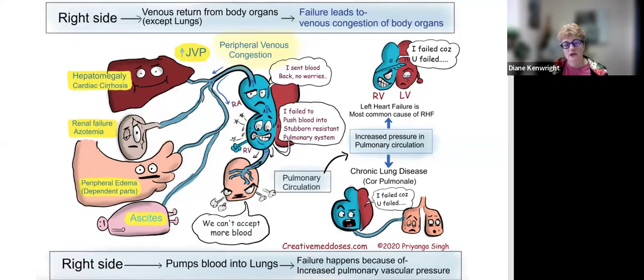Okay, so failure happens because of increased pulmonary vascular pressure, for example, from chronic lung disease, from left heart failure, and then it causes all these things, congestion of body organs.